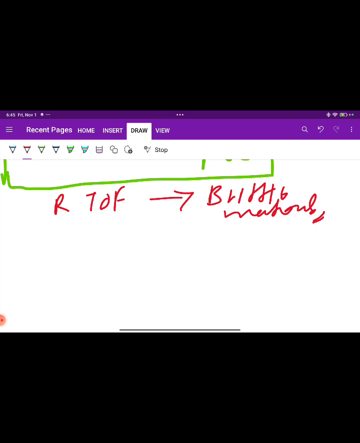Now let's talk about another theory of failure, which is the Guest or Tresca's theory of failure, or we can say the maximum shear stress theory of failure.